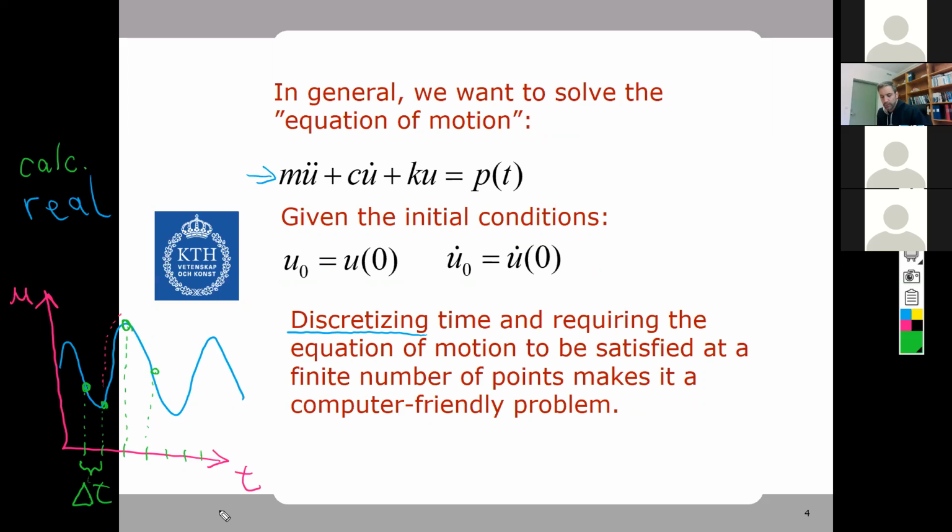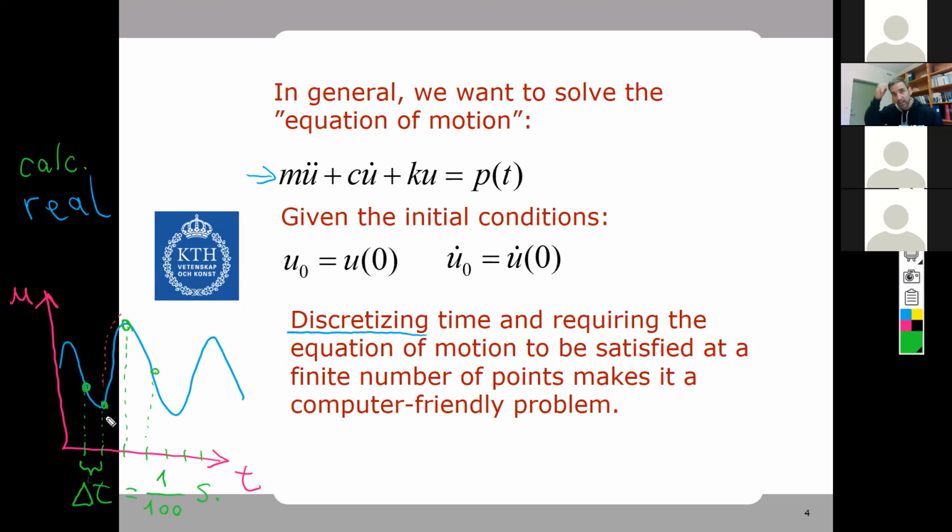and the point is to choose it small enough that nothing very interesting can happen in between, right? So for example, if we're going to calculate how a structure responds to an earthquake, then maybe we choose a delta t equal to 1/100th of a second, okay? So we will know what the structure is doing at 0.01 seconds, and we will know what the structure is doing at 0.02 seconds.